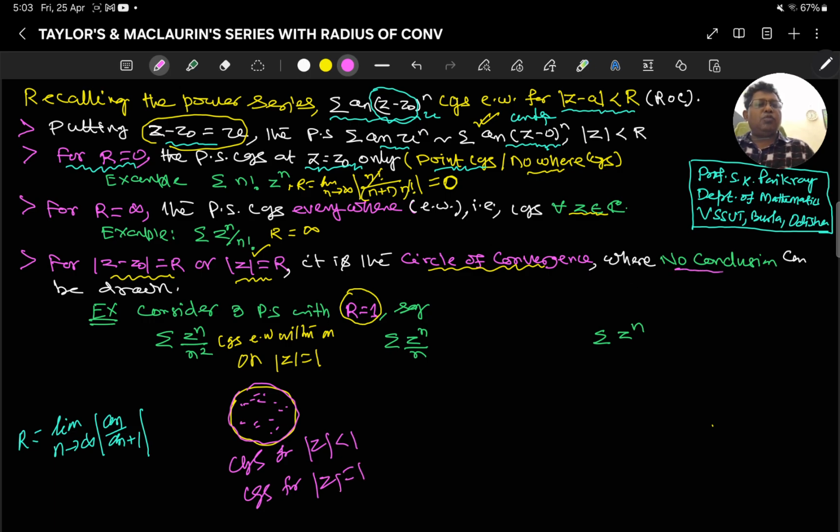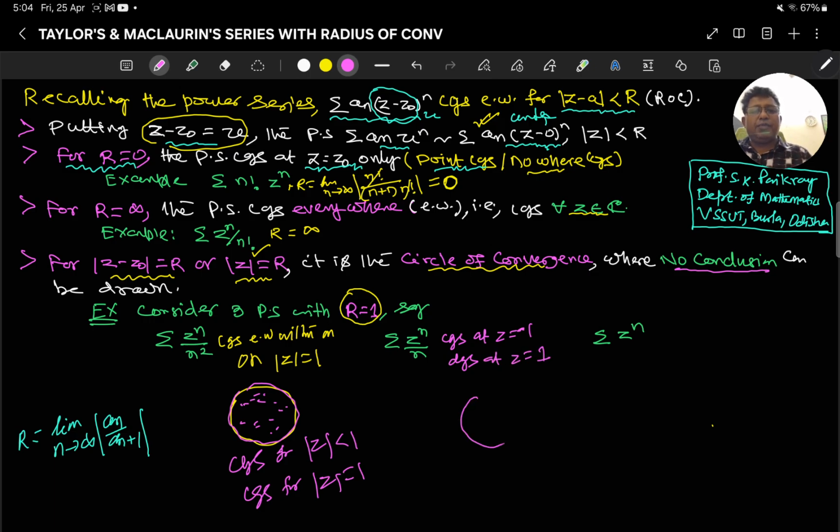As I told, no conclusion on the boundary. In some cases it may also diverge. Now the second series converges at z equal to minus 1, but diverges at z equal to plus 1.